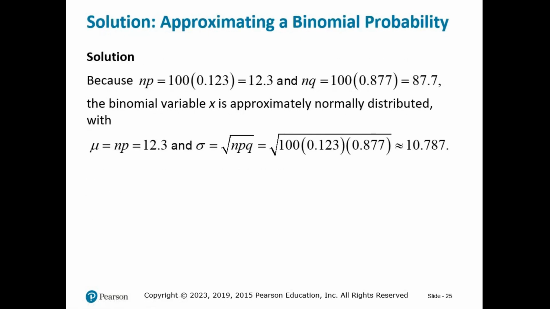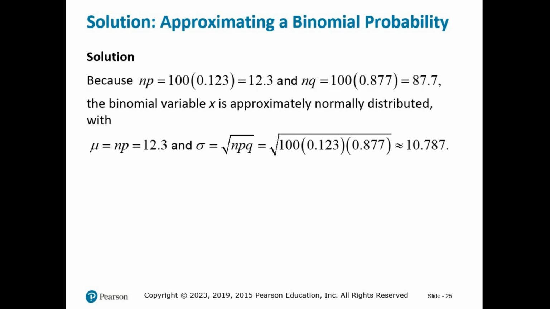Now we get into the binomial distribution and whether it's appropriate to be approximated normally. N times P is 100 times 0.123, which is 12.3. And N times Q is 100 times 0.877, which is 87.7. So the binomial variable x is approximately normally distributed because both of those are larger than 5.